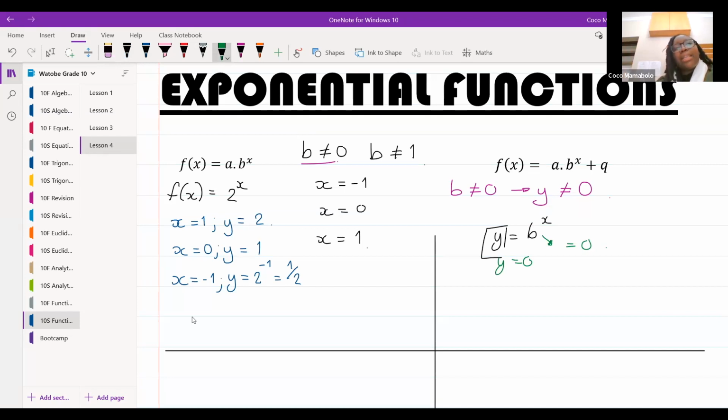Yeah, making sense? So if my b value can't be 0, that automatically means that my y value can't be 0. Yes? Does that make sense? Give me a thumbs up if you understand what I mean.